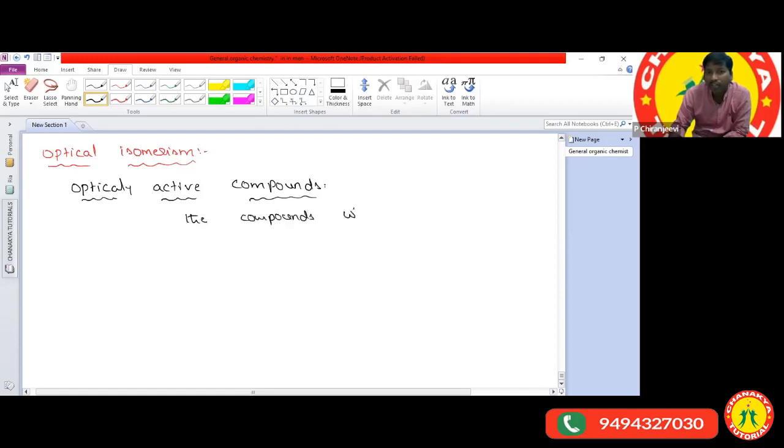Compounds which contain chiral or asymmetric carbons are optically active.